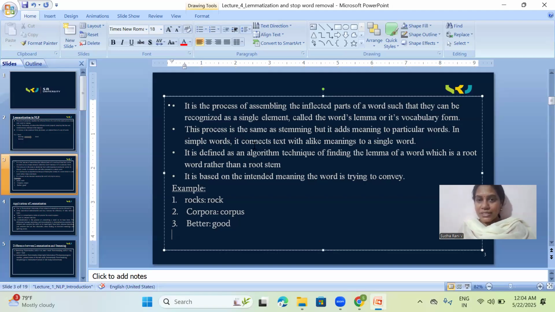In simple words, it connects text with alike meaning to a single word. So for better, it is giving the word good. According to stemming, better and good do not match. But according to the lemma, better has the lemma good. So a very near and meaningful word is generated.